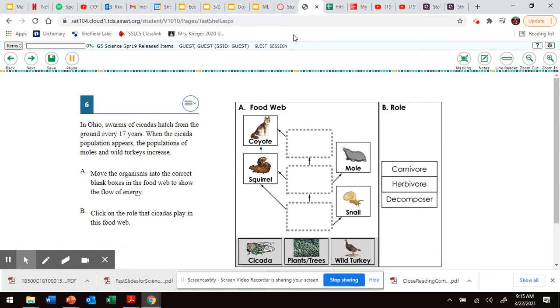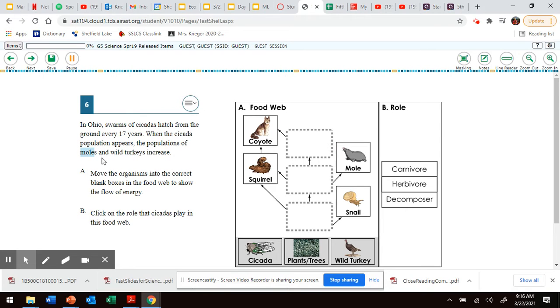So this one is actually involving food chains and food webs, which is where we currently are in science. It says in Ohio, swarms of cicadas hatch from the ground every 17 years. When the cicada population appears, the population of moles and wild turkey increase.